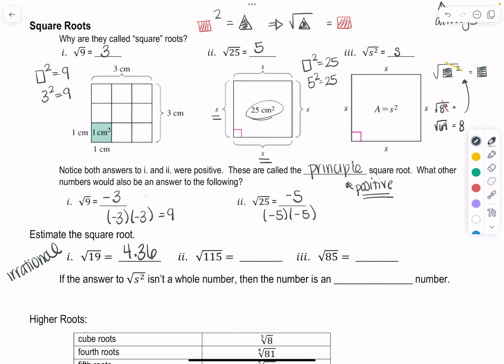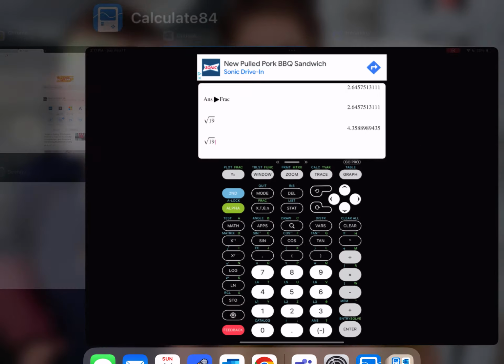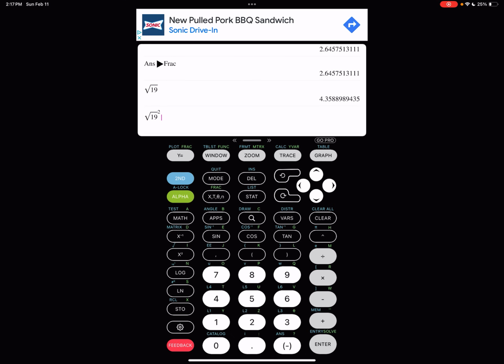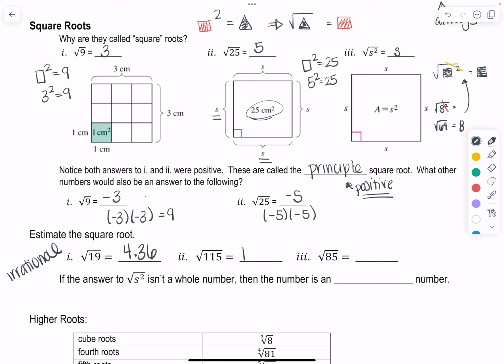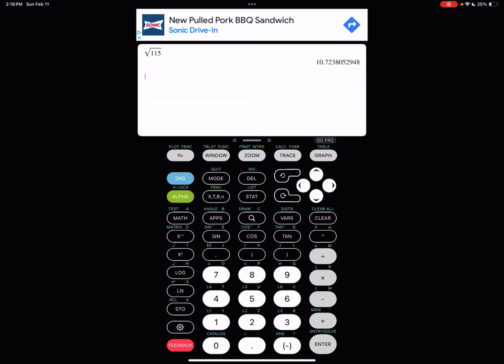And then the square root of 115 is 10.723805, round off to 2 decimals, 10.72. And then the last one, square root of 85. Round to 2 decimals is going to give me 9.22.